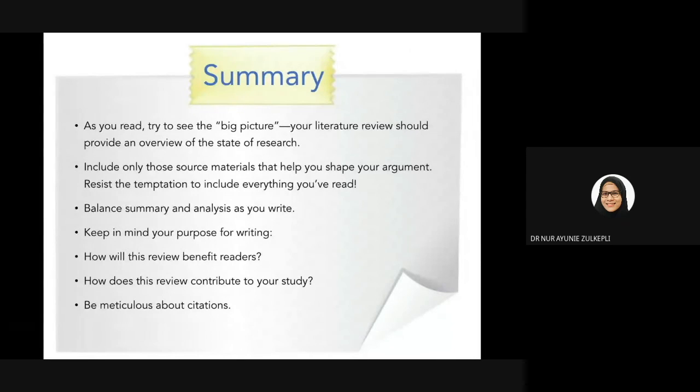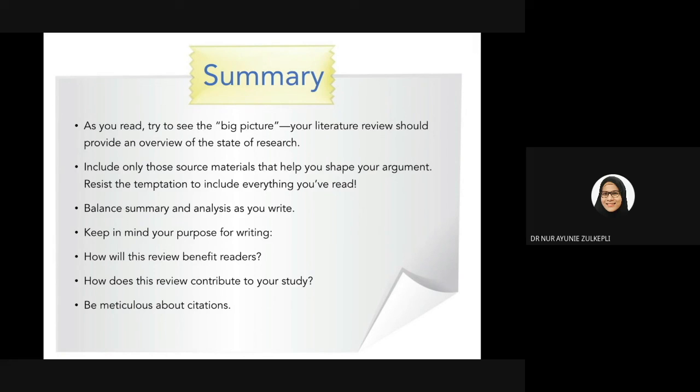Include only those source materials that help you shape your argument, and resist the temptation to include everything you've read. I know some students tend to put in everything they think is needed in the literature review, but it's actually redundant.